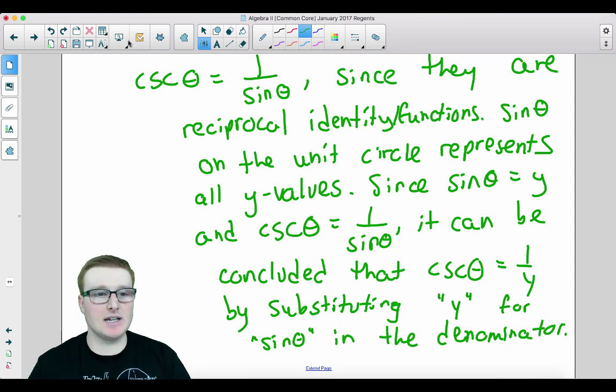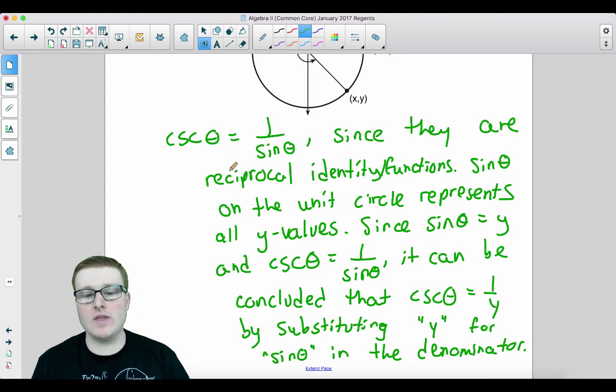And that's it, ladies and gentlemen. That's how you get that question right. Not too bad. You just have to know that your sine values are y.